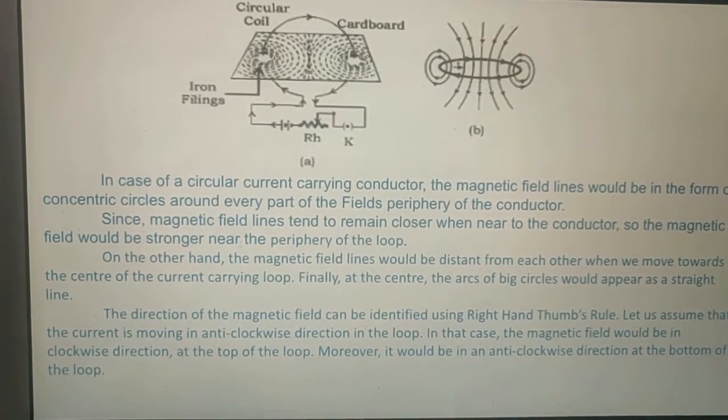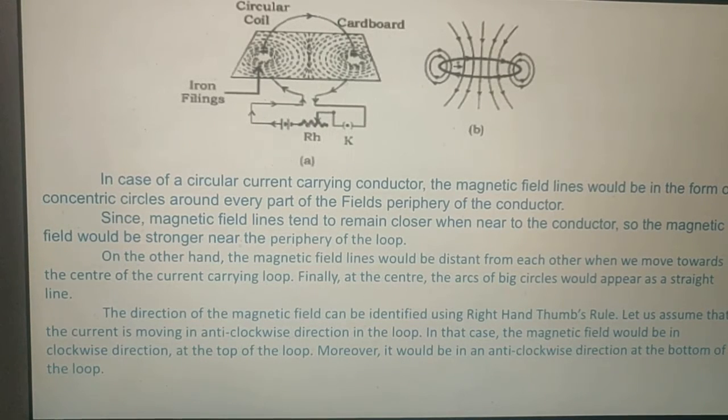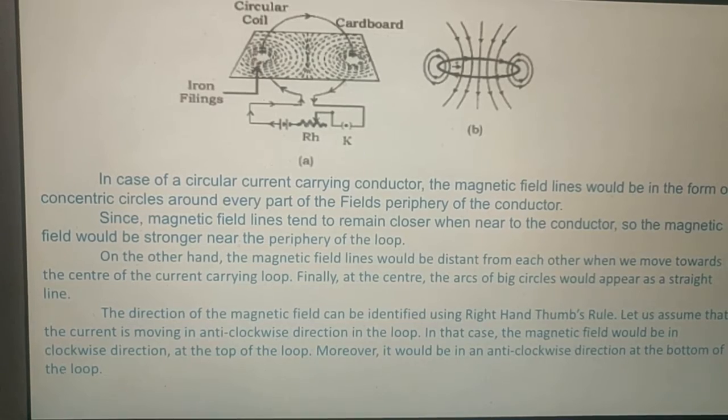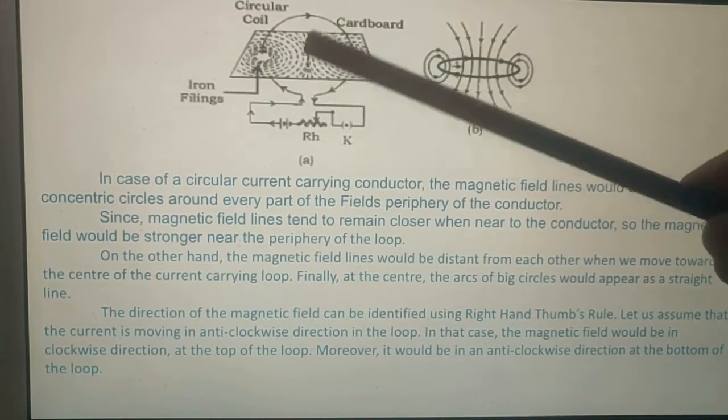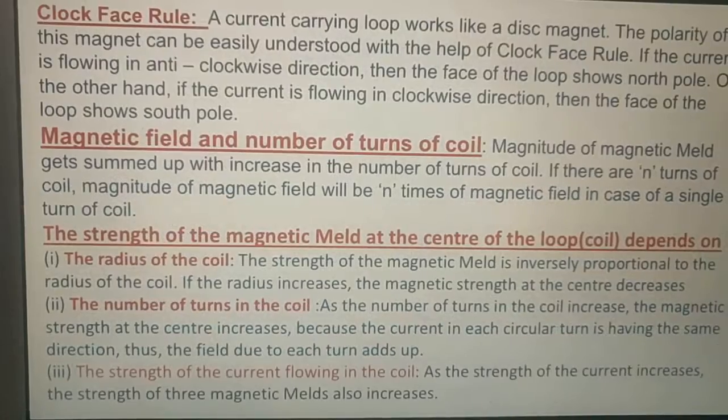On the other hand, the field lines would be distant from each other as we move towards the center of the current carrying loop. Finally, at the center, the arcs of the big circle would appear as a straight line. As you see here, these are showing as a straight line.